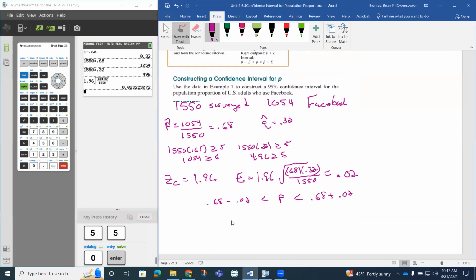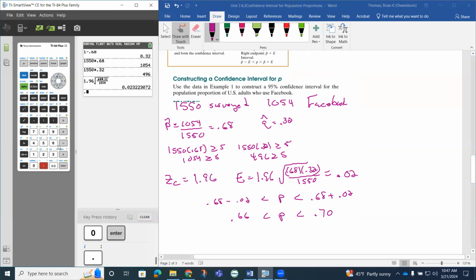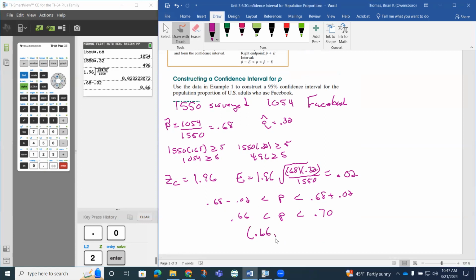So that's going to be 0.66 less than p, which is less than 0.70. If we want to double check, 0.68 minus 0.02 is 0.66. A lot of times in your homework, it may be interval notation, so 0.66 would be your left bound, and 0.70 is your right bound.